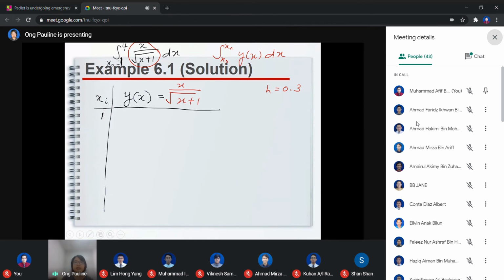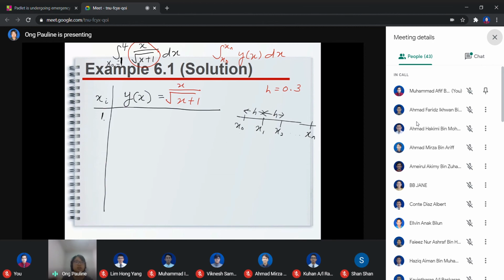Then the line will be like this: x naught, x1, x2, until xn, where the width here is h. So for the x1, you just need to add the h to the x naught.